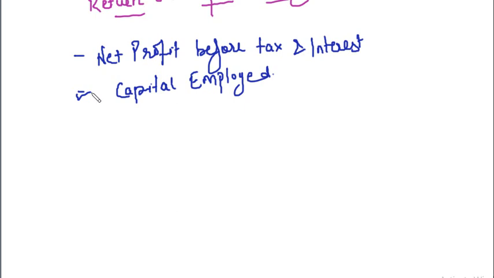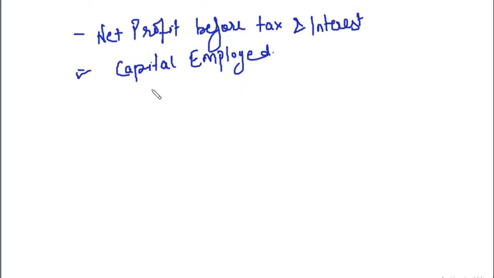Just go through the previous lecture of ratio analysis, where I prepared the trading and profit and loss account and discussed the net profit after tax and interest. Here we are saying net profit before tax and interest. Clear? So it is not a big issue, right? So we'll discuss the capital employed.